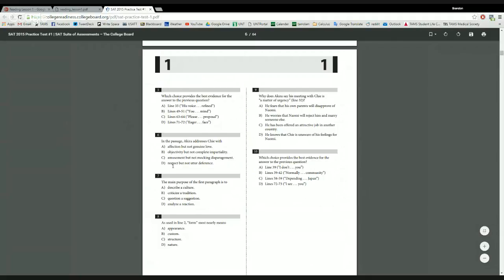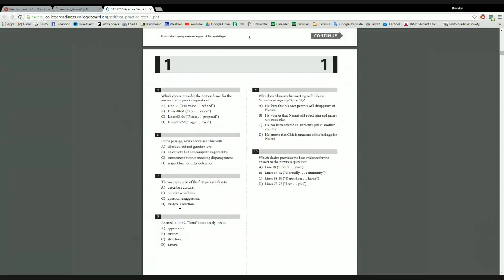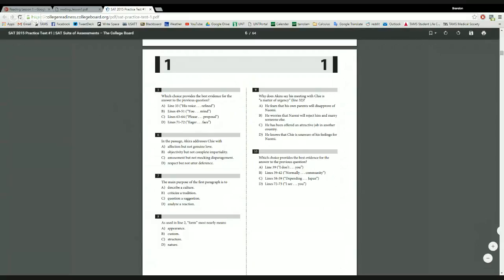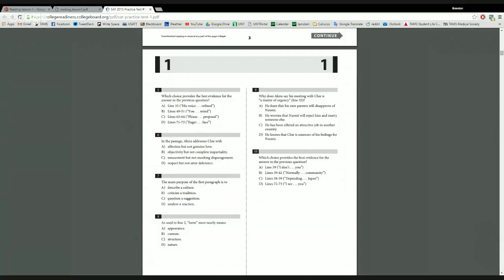B. Criticize the tradition. The word criticize is kind of harsh. There's no criticism that actually occurs in that paragraph, so you aren't able to see anything there. So that's also incorrect. And the main reason is criticize is not happening inside the text. So, C. Question a suggestion. Well, this may seem like the most correct answer because it says question a suggestion, where you do see quite a few questions asked in the first paragraph.